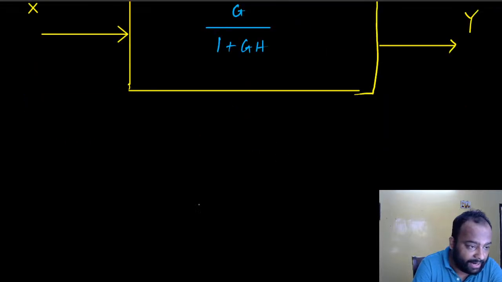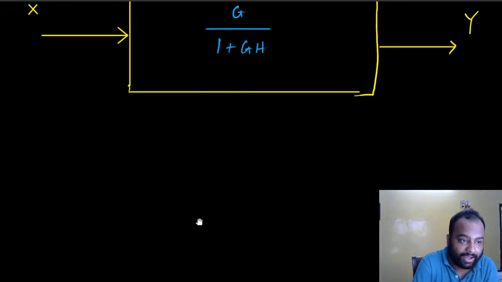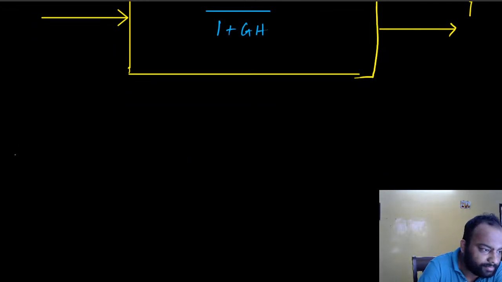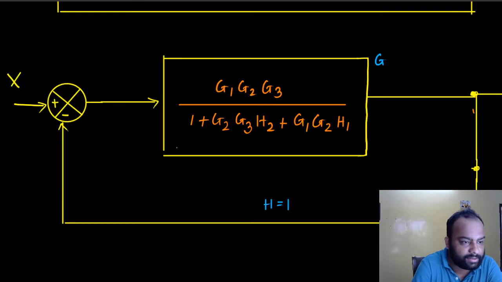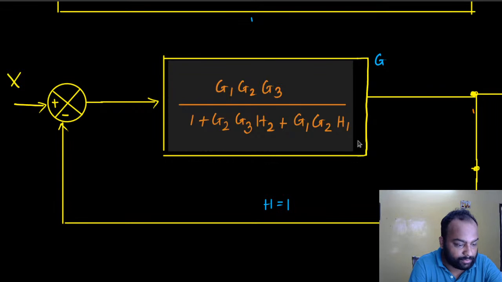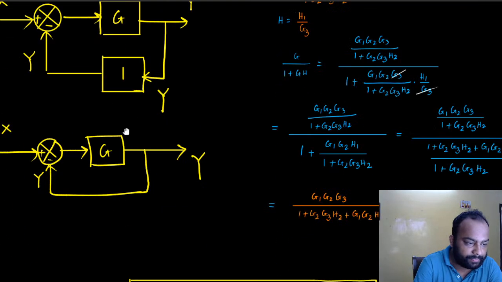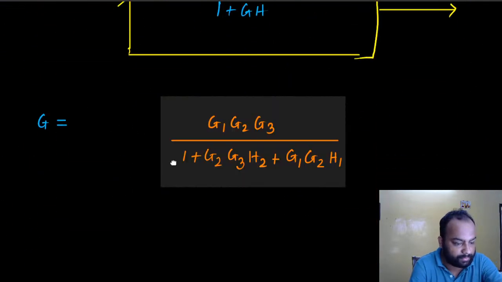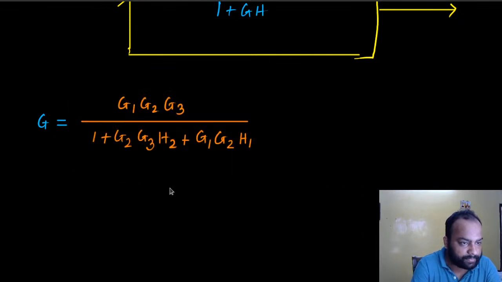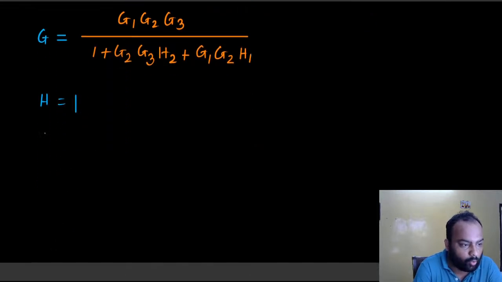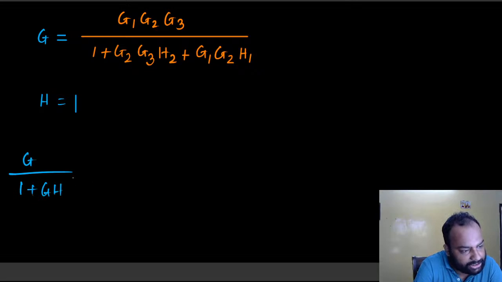So right now let me write this down. Now again, we are doing rough work, and in the end we are going to pretend like the rough work did not exist. So this is G, and for this particular scenario H is equal to 1, right? So we are calculating G by 1 plus GH, and that's going to be this by this.